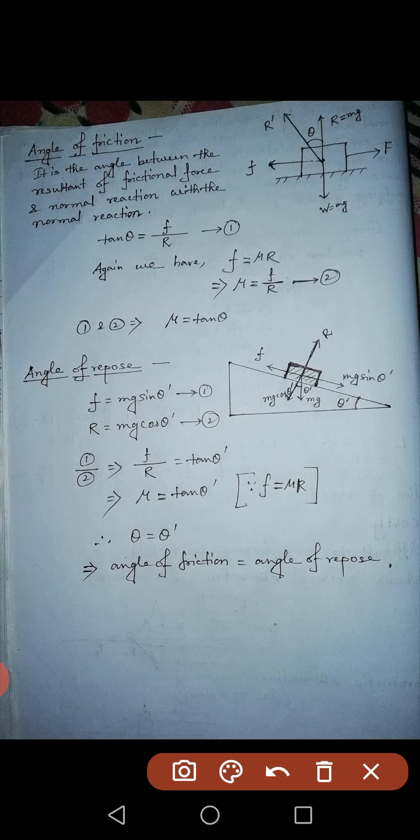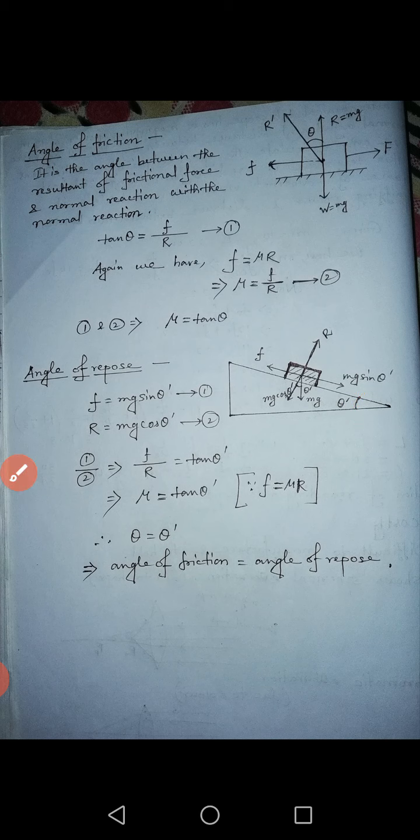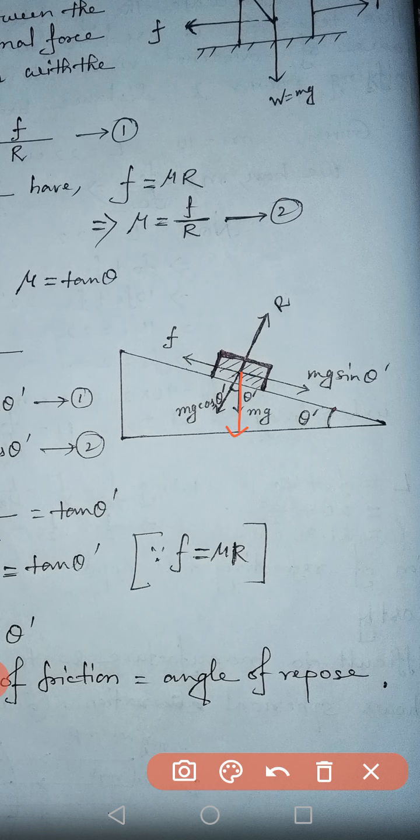And why is it so? Because there is a theorem in geometry, which you probably got in class 10. See here, this mg vector is perpendicular to this plane from the geometry, and this mg cos theta is perpendicular to this plane.